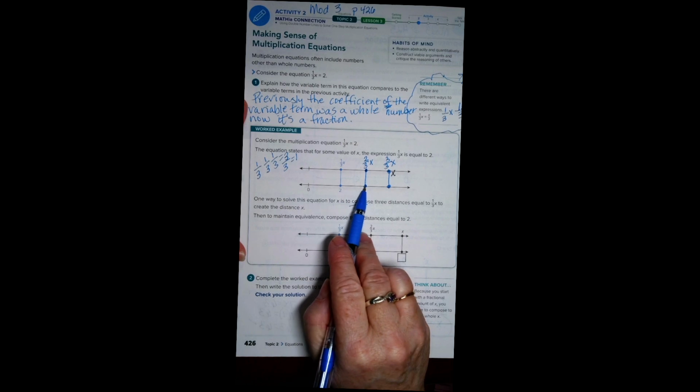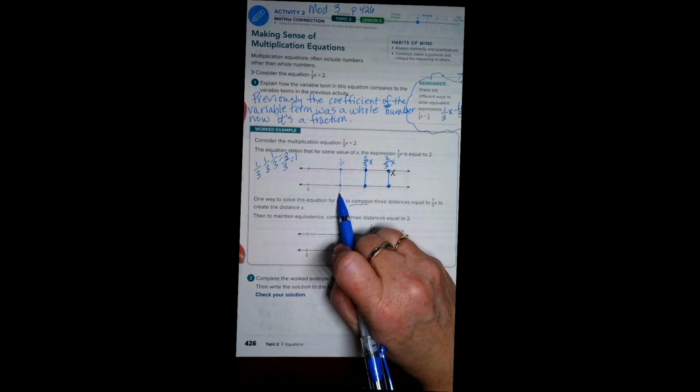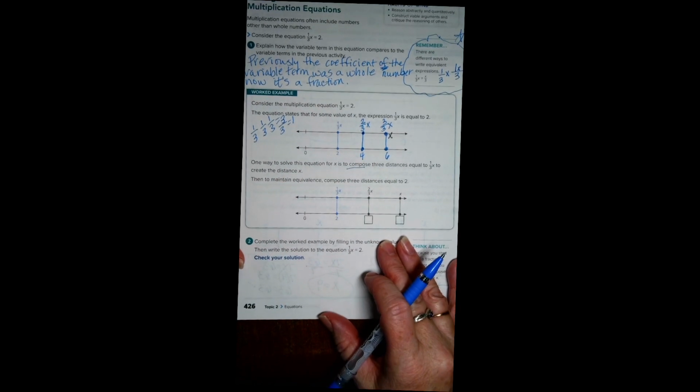And on the other side, if our distance from here to here is 2, and we have an equal distance, which I didn't draw very equally, but that's okay, you understand. So if our distance here is 2, then we need another 2, so we'd be at 4, and another 2 at 6.